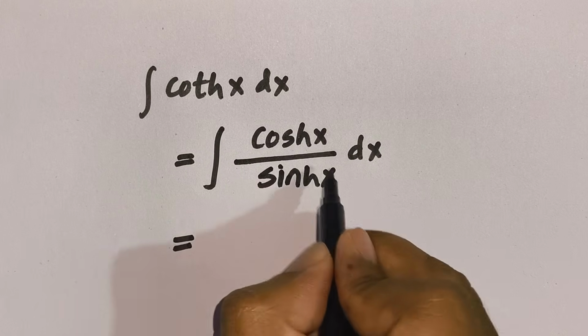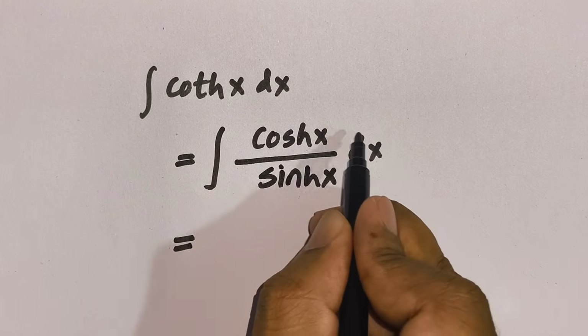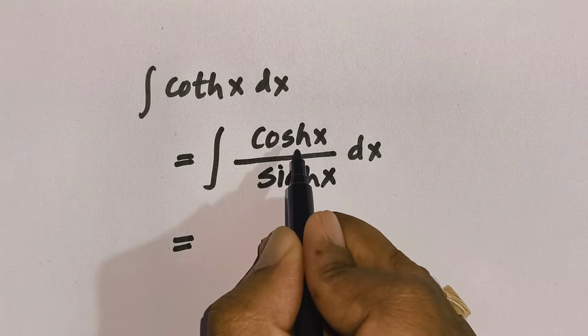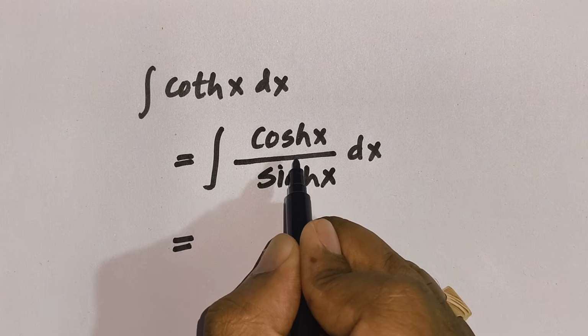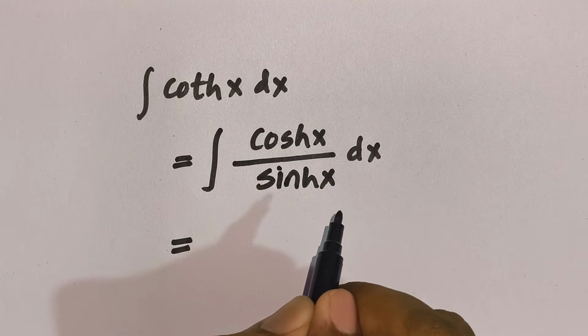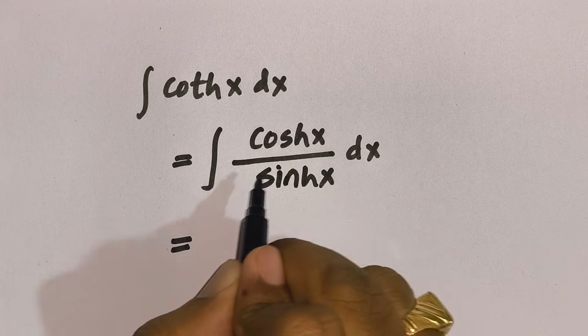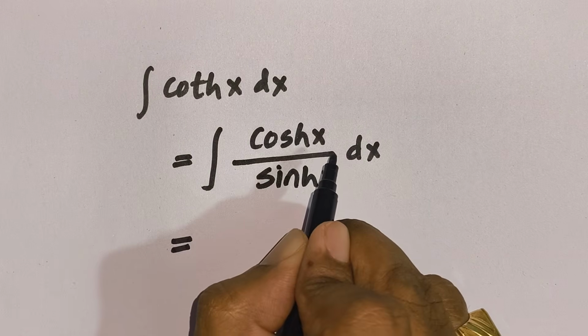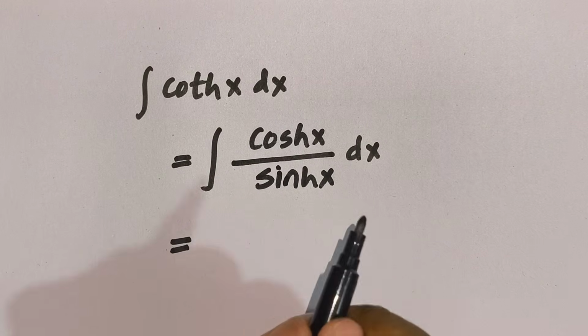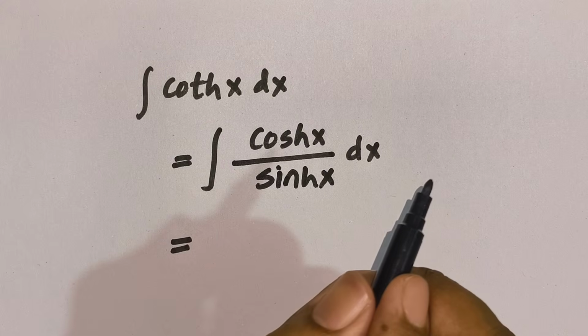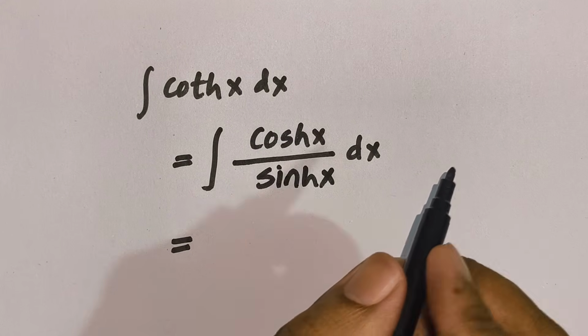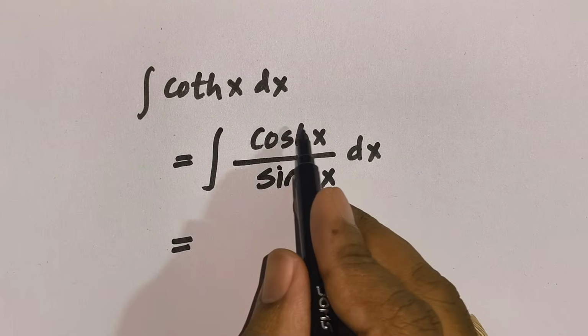We will substitute hyperbolic sine as t. So this is dt, because the derivative of hyperbolic sine is hyperbolic cosine. This is not trigonometry. In hyperbolic functions, the derivative of hyperbolic sine is hyperbolic cosine, and the derivative of hyperbolic cosine is also hyperbolic sine. It's not negative hyperbolic sine.